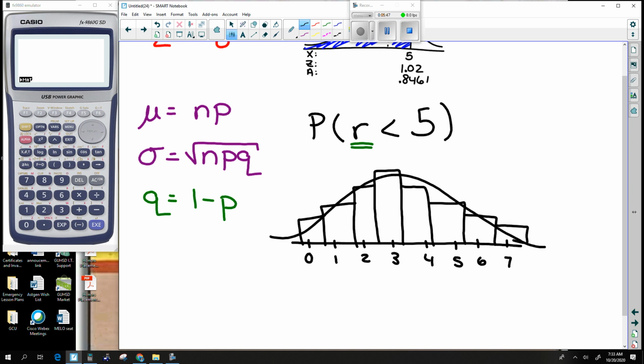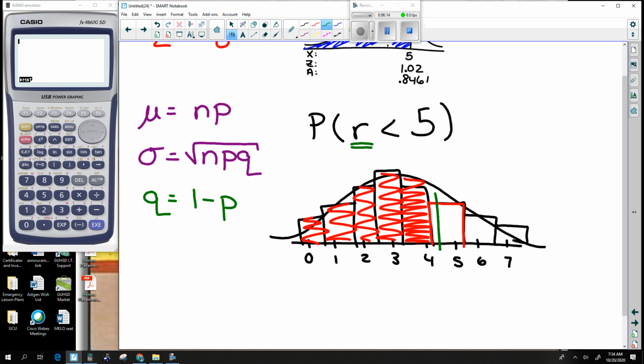The r isn't a straight up line. Where you have the number 5 here, 5 is a bar. So if I want anything less than 5, that would mean I want the 4, the 3, the 2, the 1, 0, and so on. I don't want the 5 because it's less than 5.